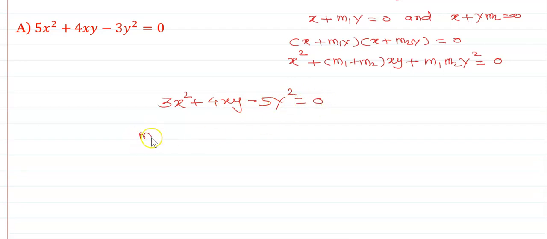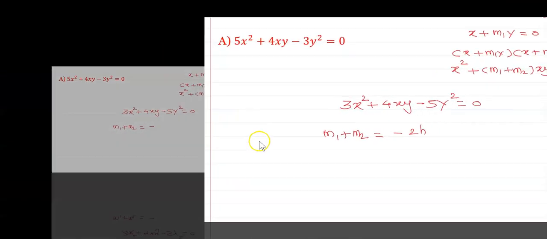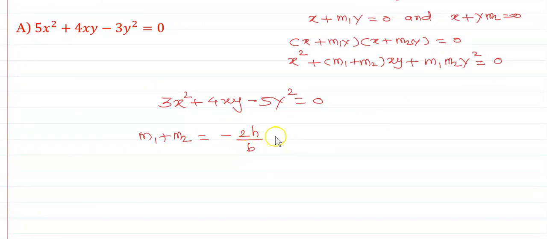Now what is the value of m1 plus m2? m1 plus m2 is minus 2h upon b, and therefore the value of h here is 2, minus 2 into 2, b is minus 5, minus minus will become plus.